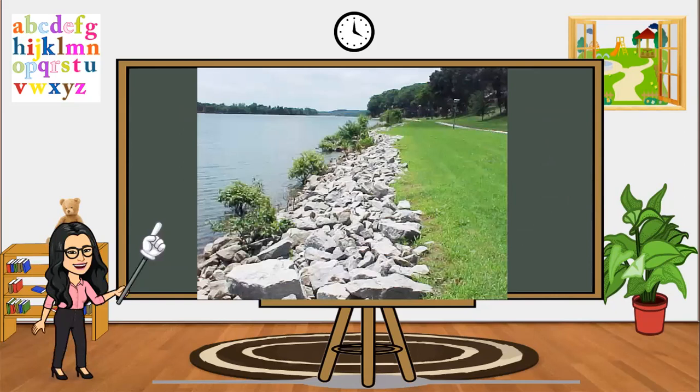This is an example of riprapping. When the rain pours down, most of the soil carried away down the slope is deposited on the riprap. Riprap can be seen on riverbanks and shorelines.